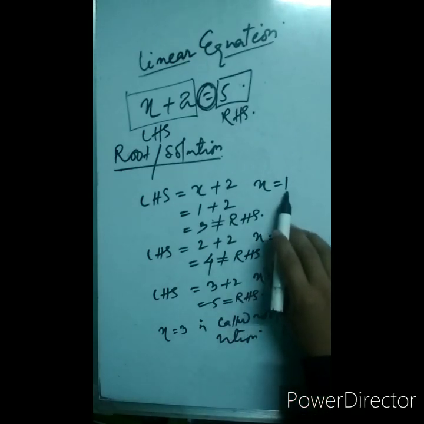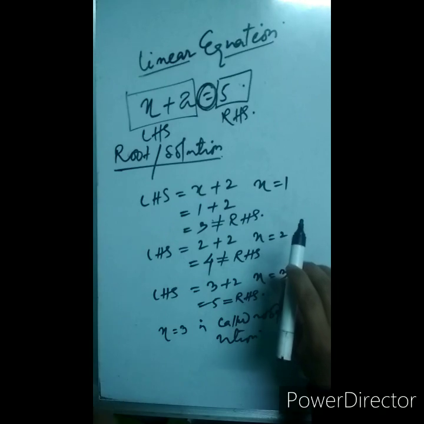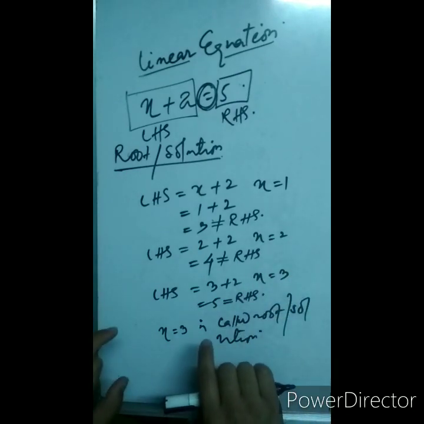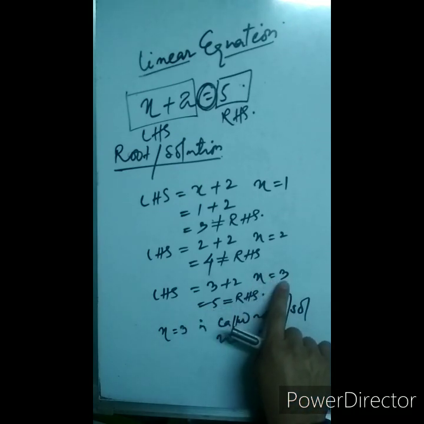But 1 is not the solution of this equation. Why? When I replace x equal to 1 in the equation, left hand side and right hand side are not equal. But I can tell clearly, x equal to 3 is the root or the solution of this equation.